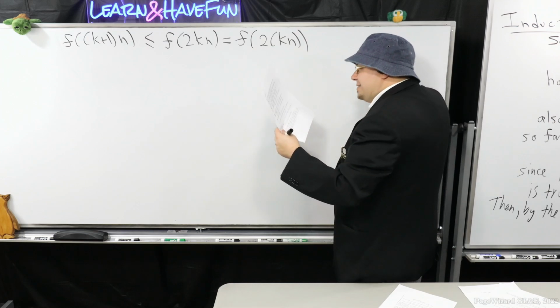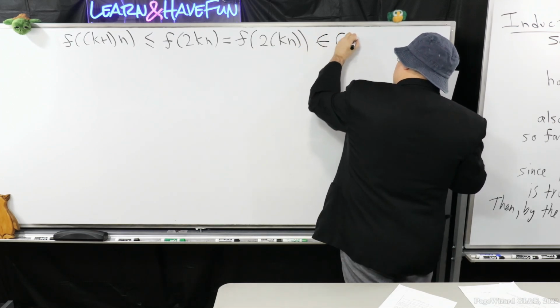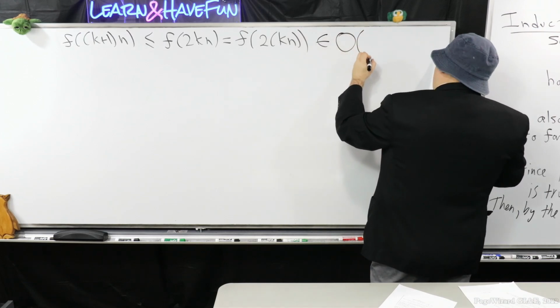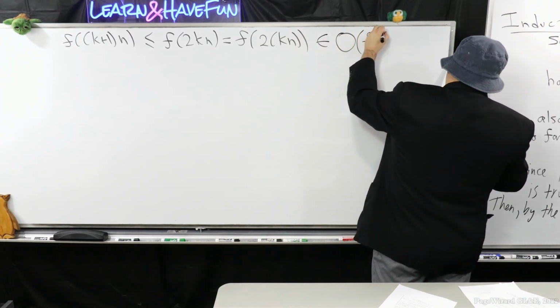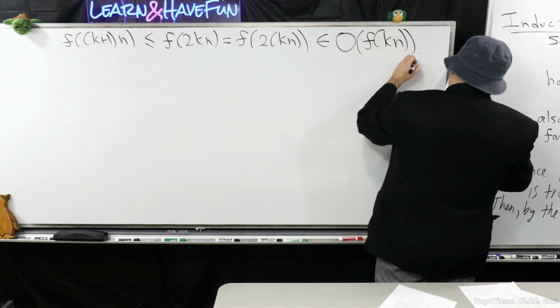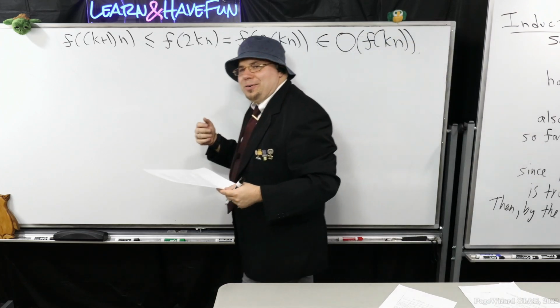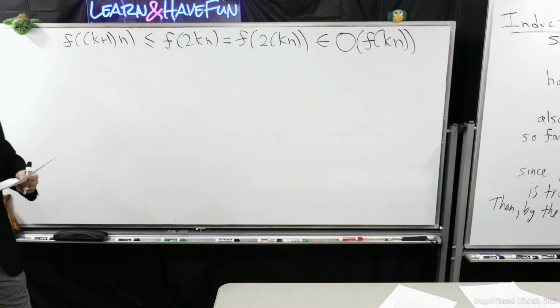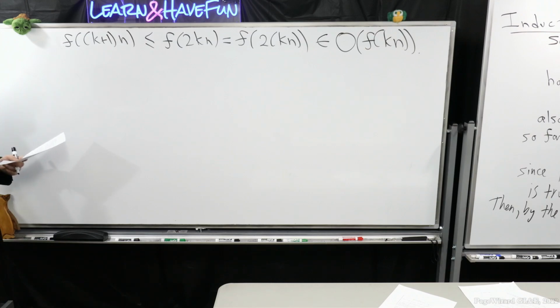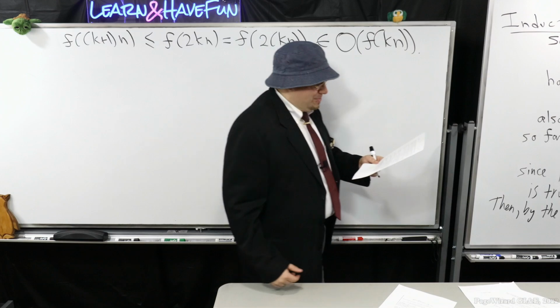Well, because f is smooth, I can drop the 2. So I have f of kn.